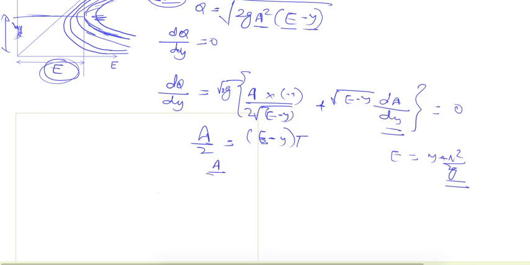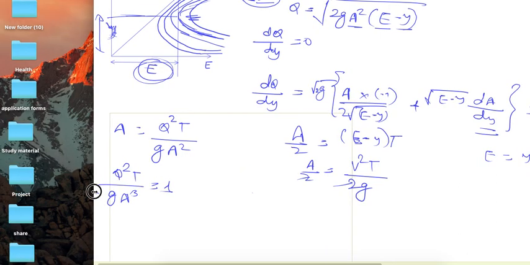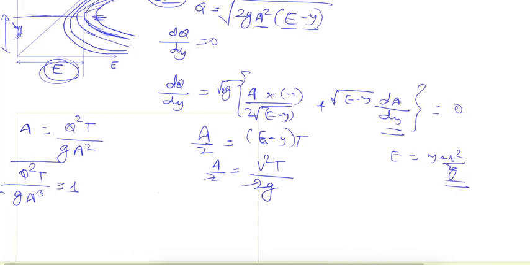So putting it here, A by 2 is equal to V square T upon 2g, and V square we can rewrite as Q square upon A square, so this will cancel out, and from here Q square T upon g A cube is equal to 1. Which is the case for critical flow.